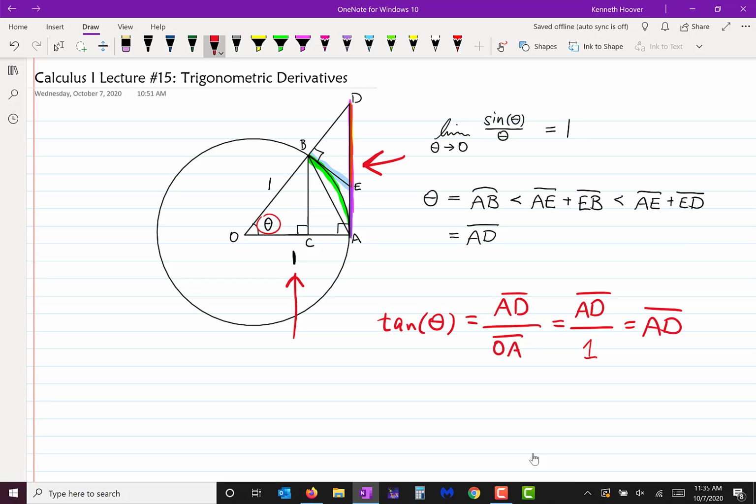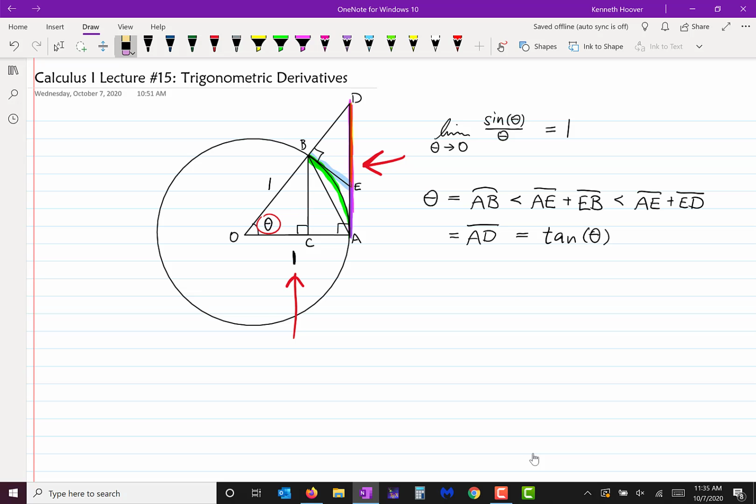So in other words, where we left off there, where I had segment AD, the length of that is just equal to the tangent of theta. And of course, tangent equals sine over cosine, right?